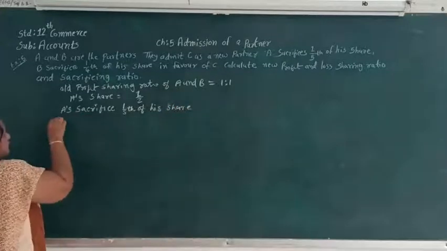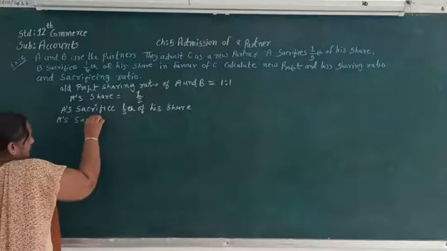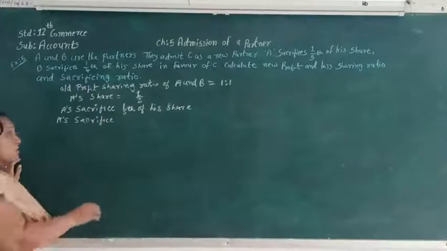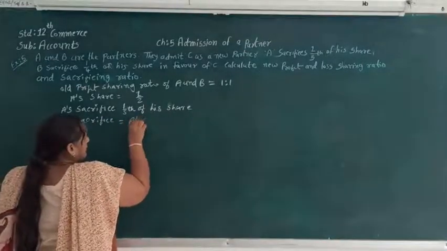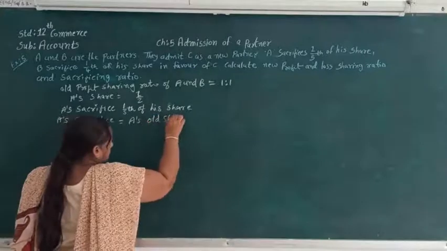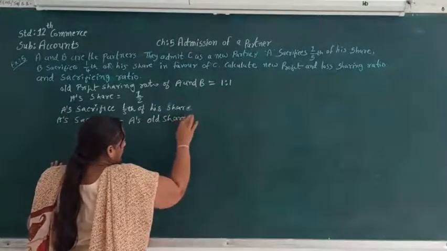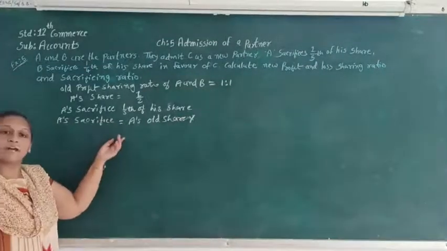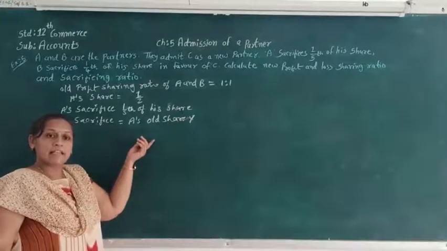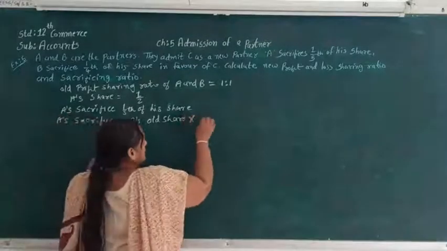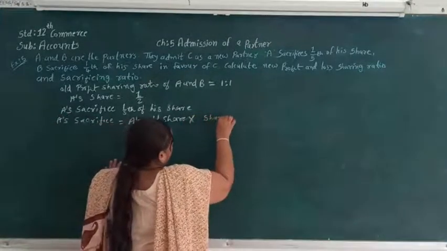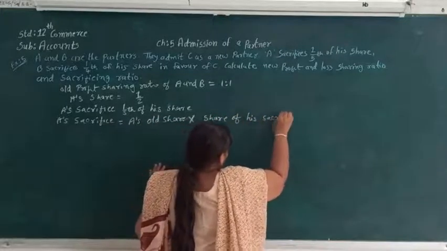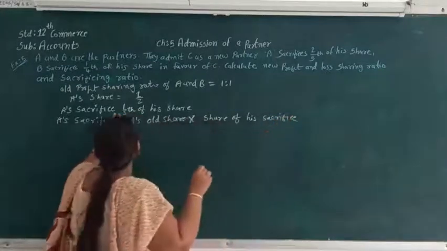A's sacrifice is equal to A's old share multiplied by the share of his sacrifice, that will be 1/5.